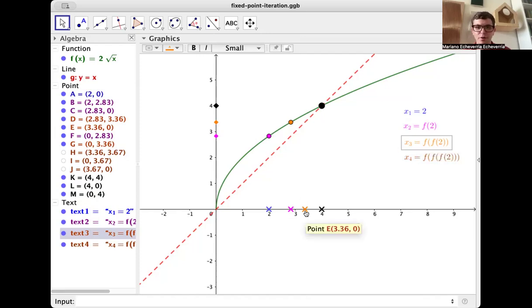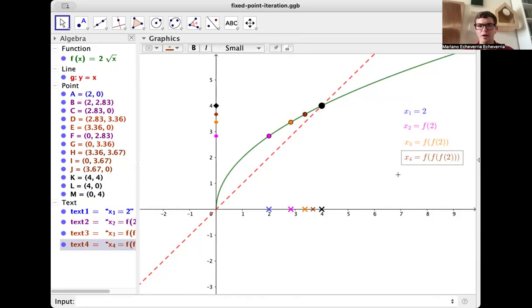You find the corresponding point on the graph, you record the y value, which is this one, and then you use that y value as the next x value. So the next x value would be here, and the fourth point would be next.